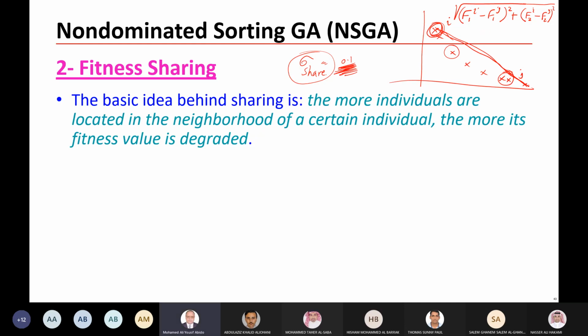So if these are normalized, that's fine. But if they are not normalized, this is not right.